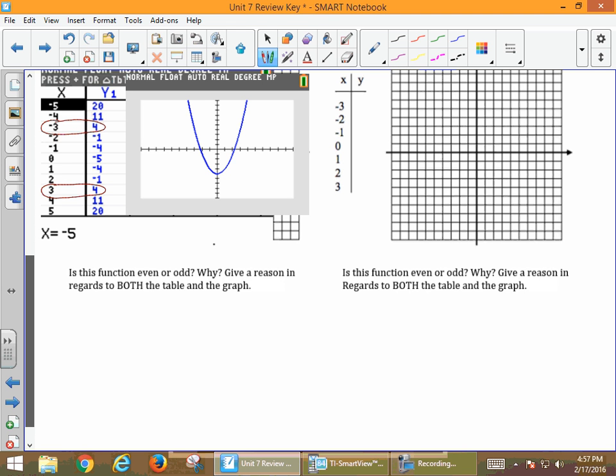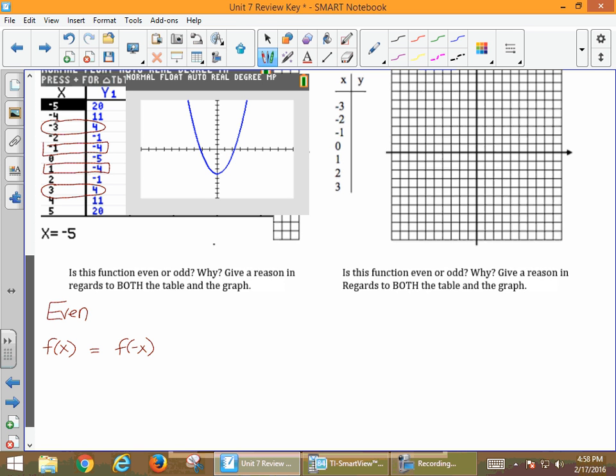If I were to look at 1 and negative 1, their y values are both negative 4. So I would say that this is absolutely an even function. And the reason is f of any number and the opposite of that number are the same. And if they're the same, then it is even.